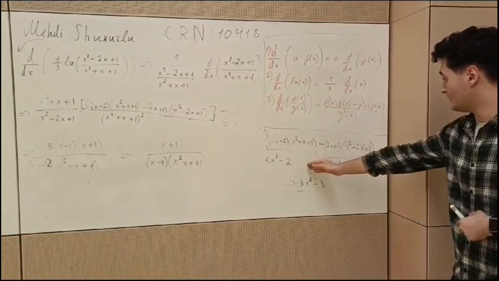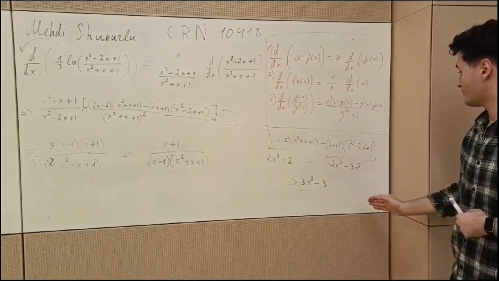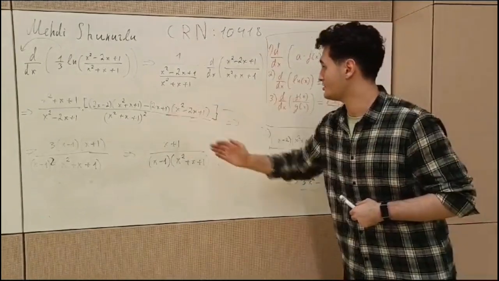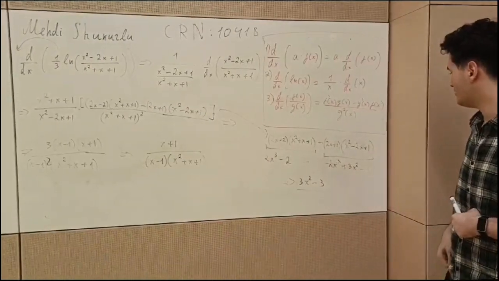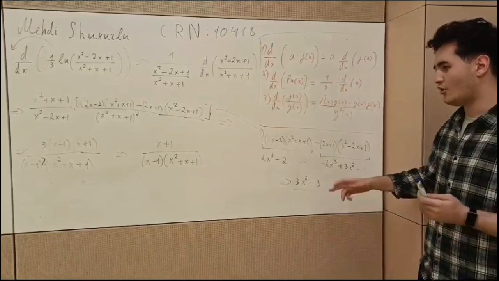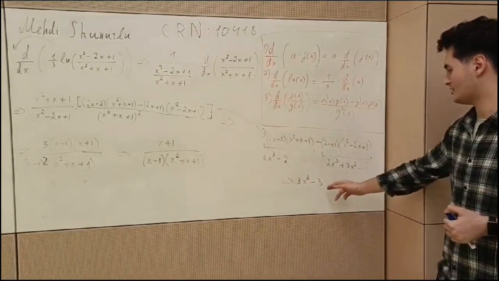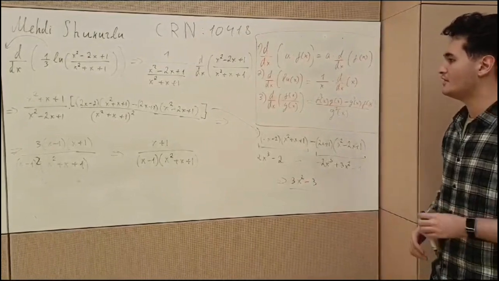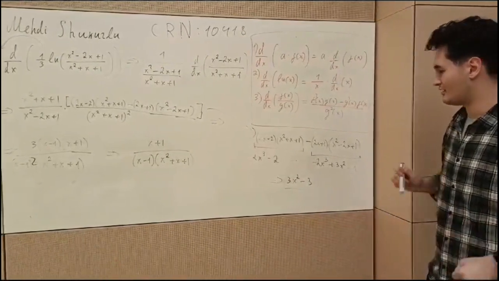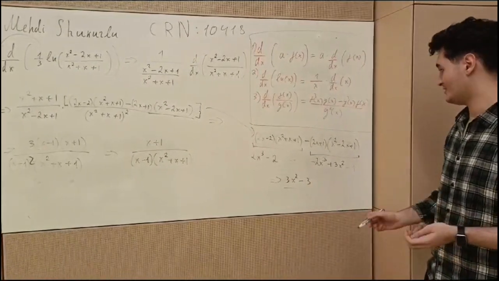Then we subtract them because there's a subtraction here, and we need to be careful of that. The overall result is going to be 3x squared minus 3, as you can see. Then we can simplify it further.